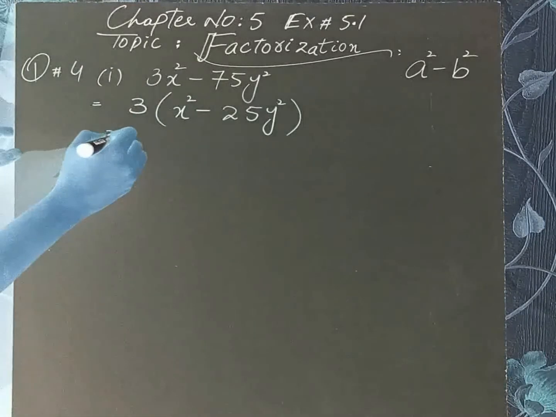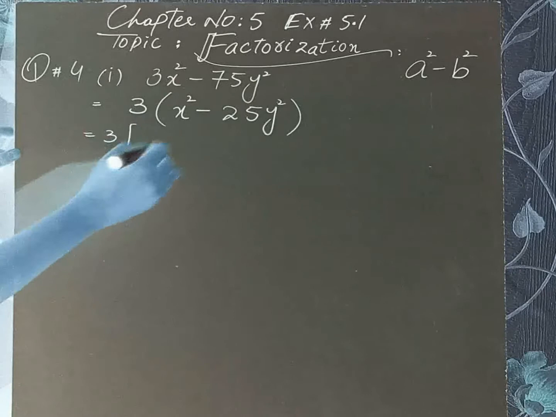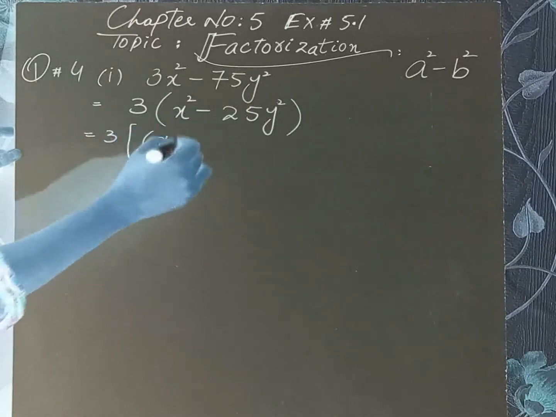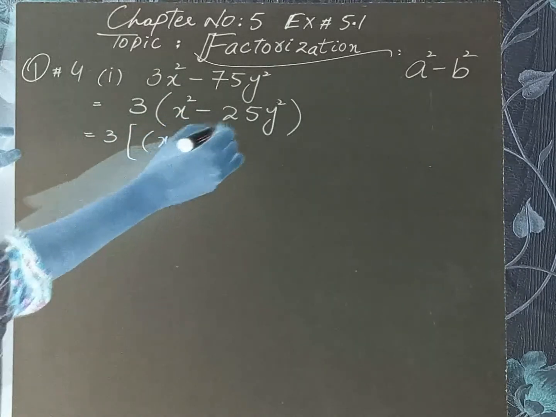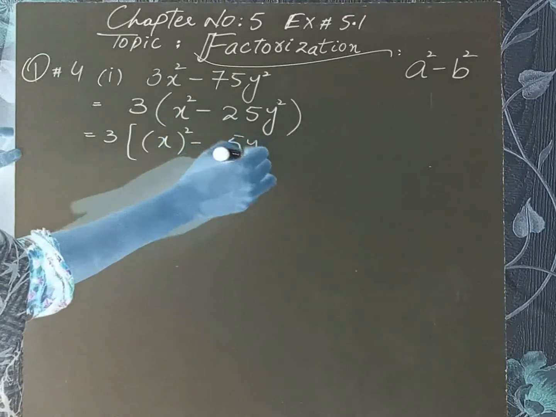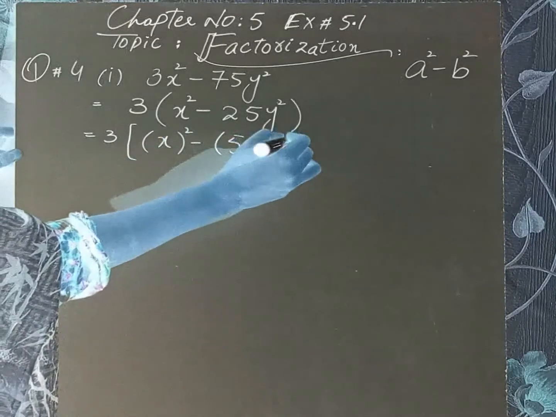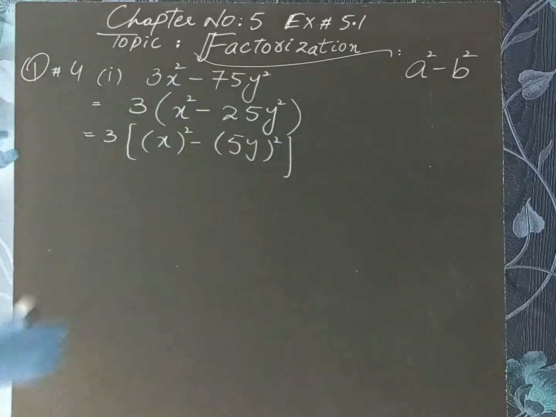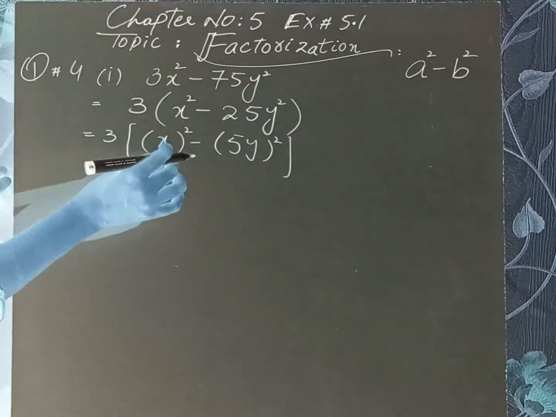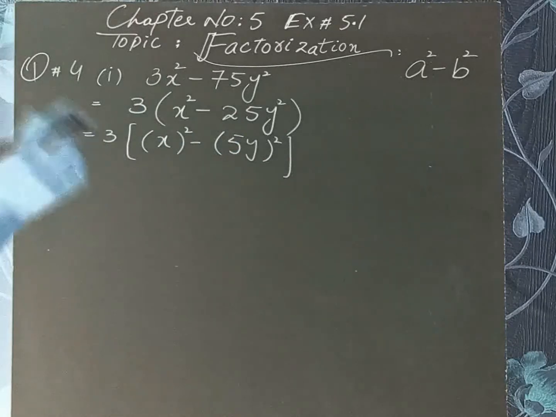Means x squared is the square of x and 25y squared is the square of 5y. As this is a squared minus b squared, that is all the time equal to a plus b into a minus b. A is x, b is 5y.